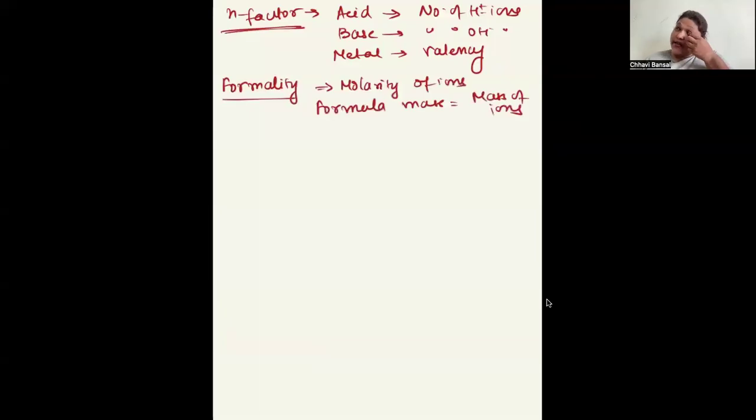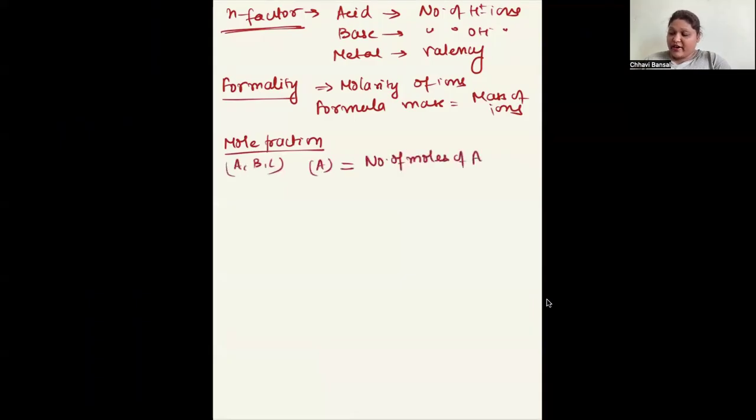Okay. Next, we can talk about mole fraction. This is also going to be a very important part in the solutions chapter itself. What is mole fraction? For example, there are 3 to 4 components present in a mixture. Let's take there are 3 components present, A, B, and C. So what is the mole fraction of A? The mole fraction of A will be equal to number of moles of A divided by total number of moles.